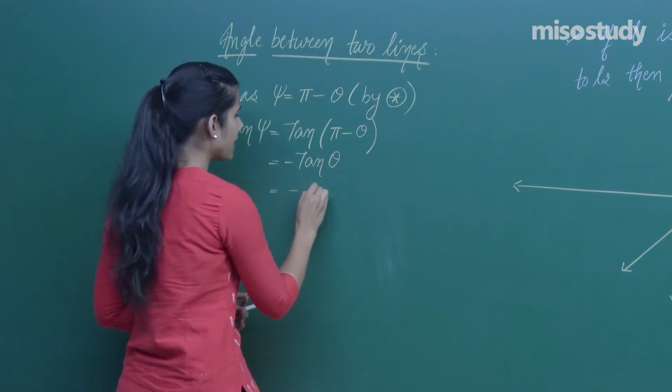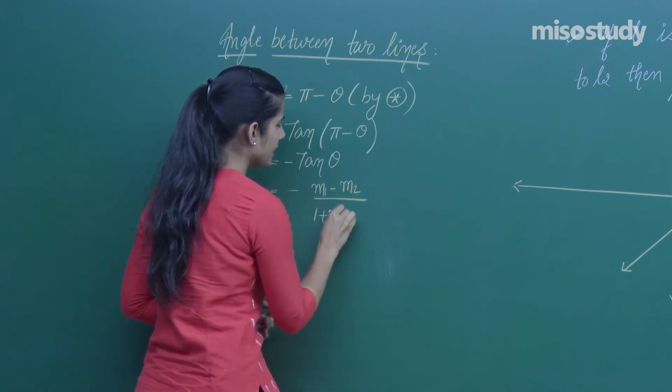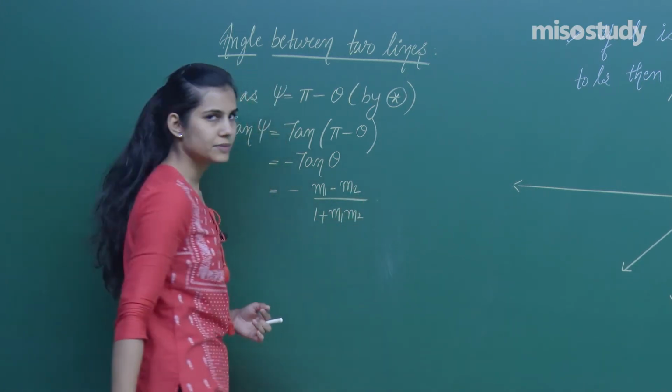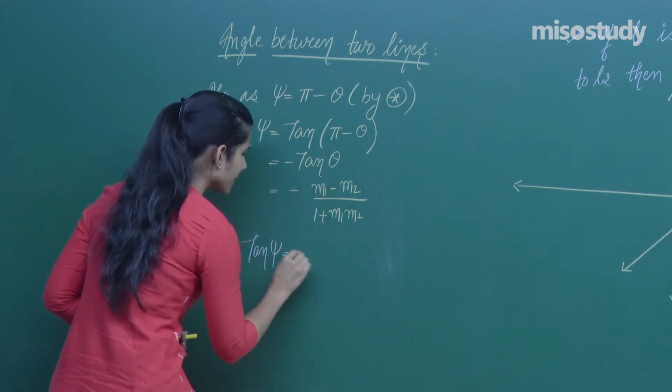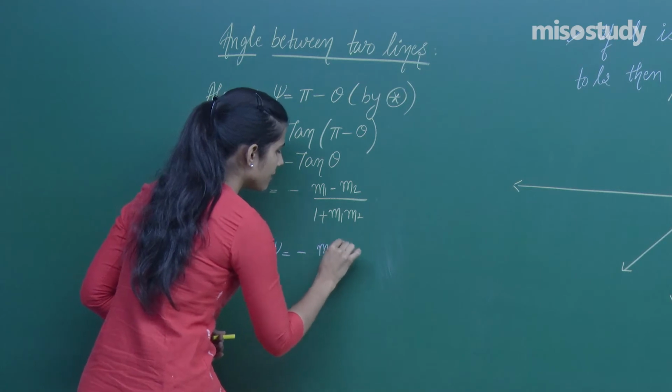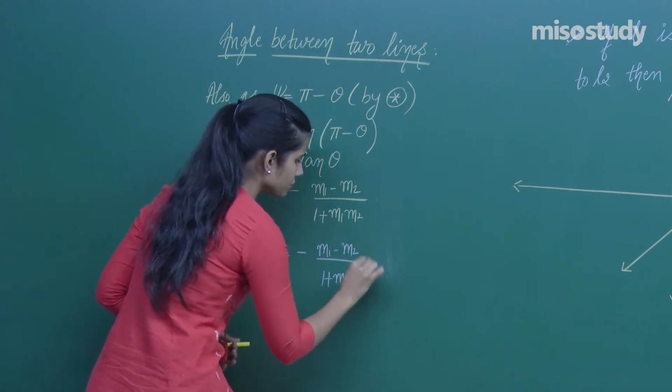So tan xi is minus of m1 minus m2 upon 1 plus m1 m2.